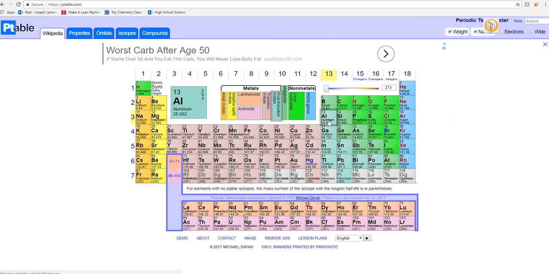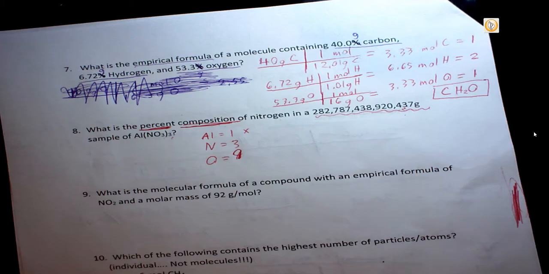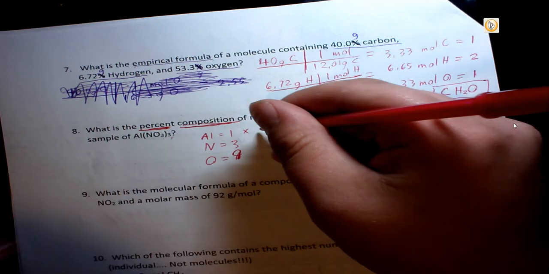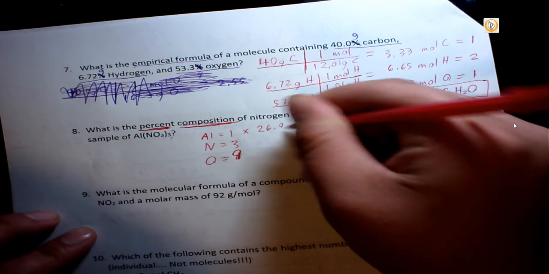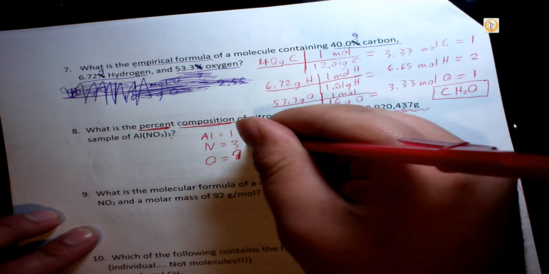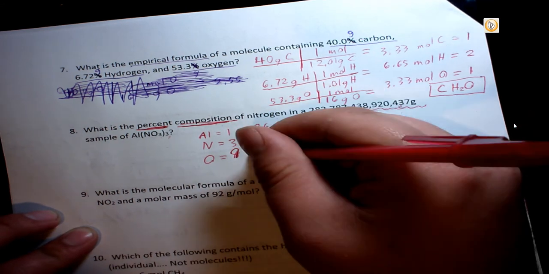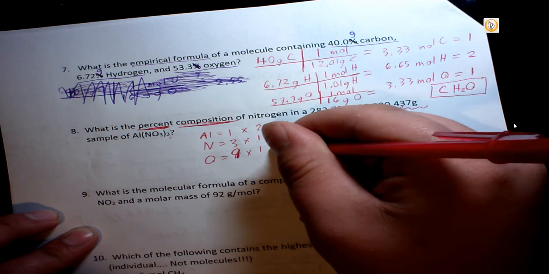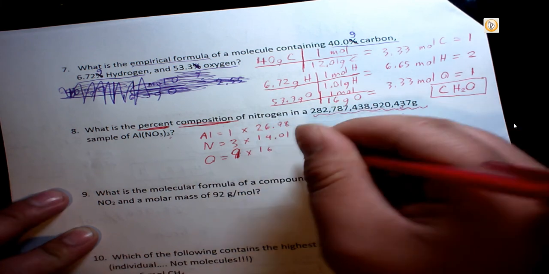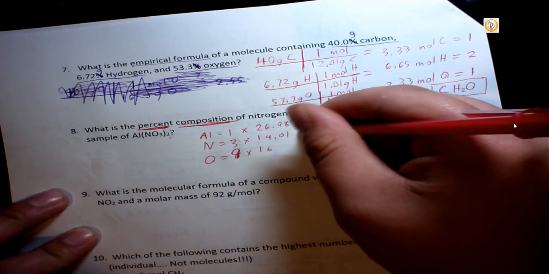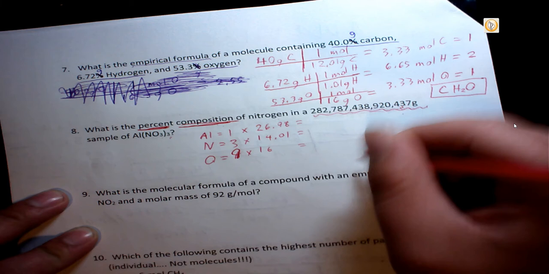So we have aluminum here. Aluminum is going to be multiplied by 26.98 grams. Nitrogen, we're going to multiply by 14.01. And oxygen, we're going to multiply by 16. Don't forget to multiply out before you add all those up.